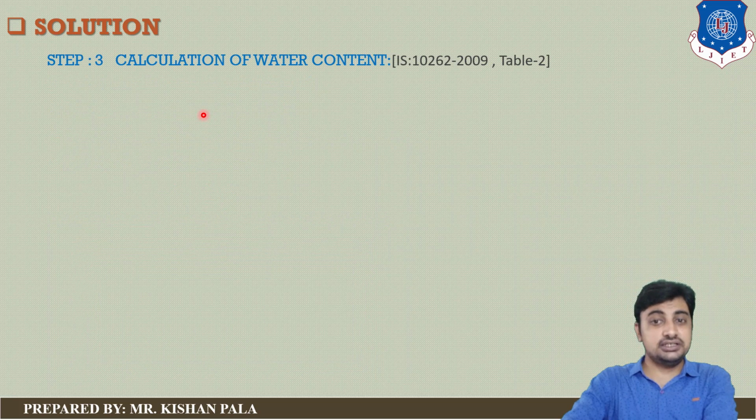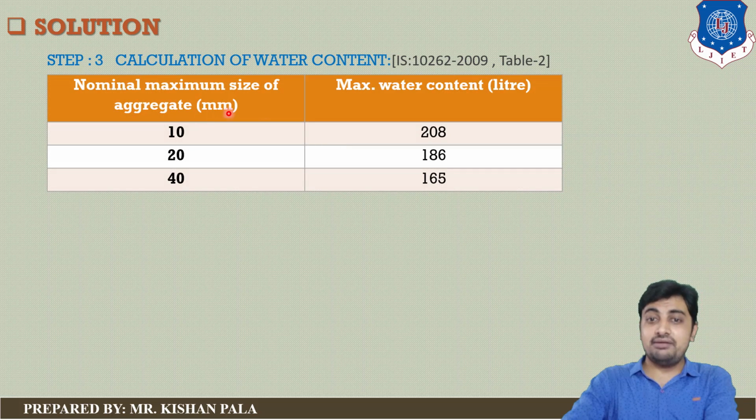After finalizing the water cement ratio, our next step is to calculate the water content, and you can finalize the maximum water content based on the nominal maximum size of the aggregate. This table has been given in the Indian Standard 10262-2009 table 2, and for the 10 mm nominal size of the aggregate, you can take 208 liter as maximum water content.